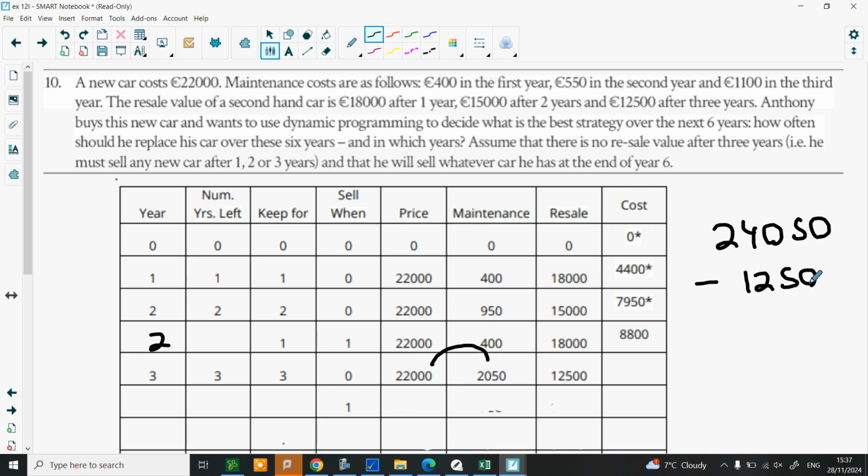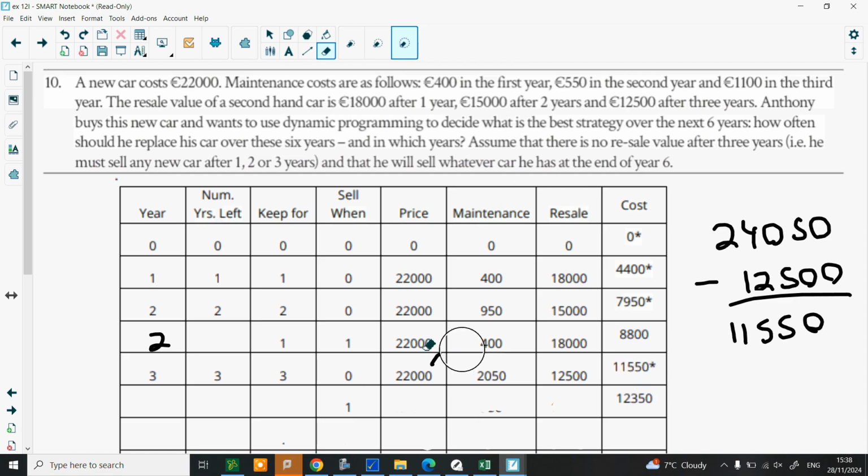Take away your resale. What's that? 11,550. Okay. Now the answer isn't always 11,550, but because you're taking it right to the end, it's not affected.